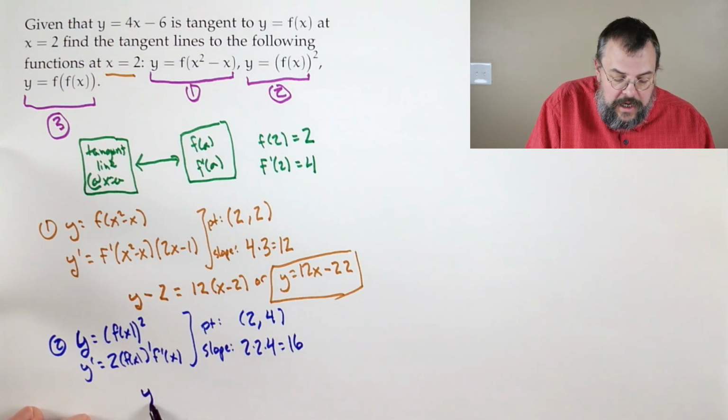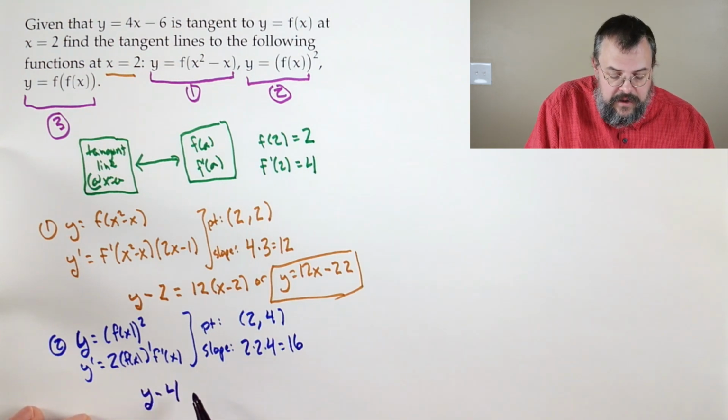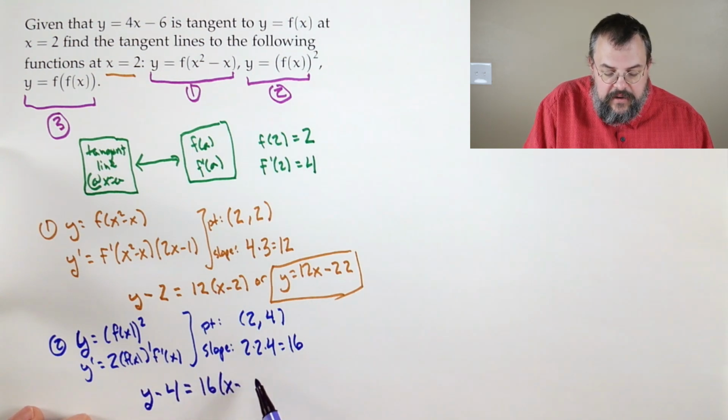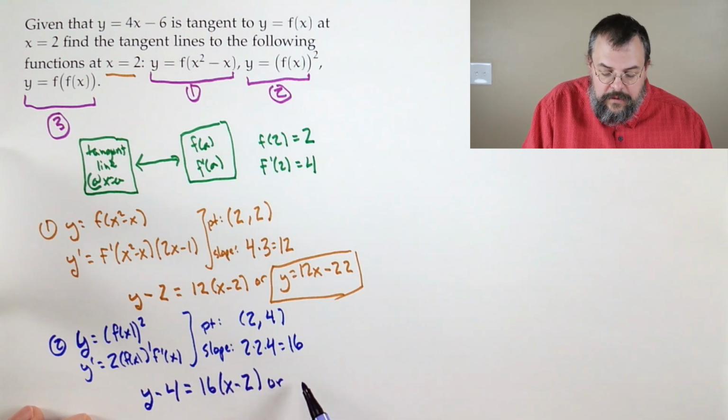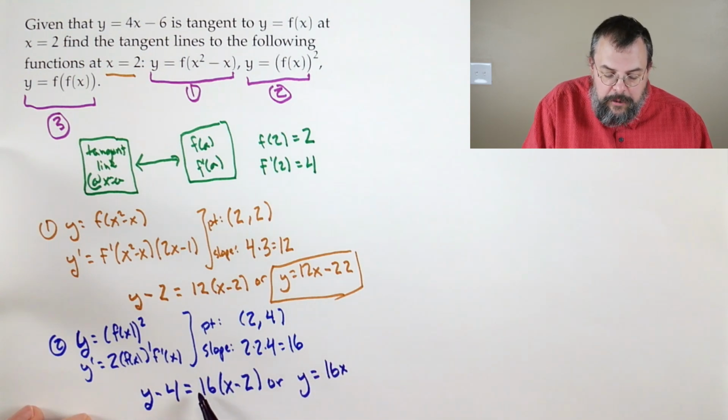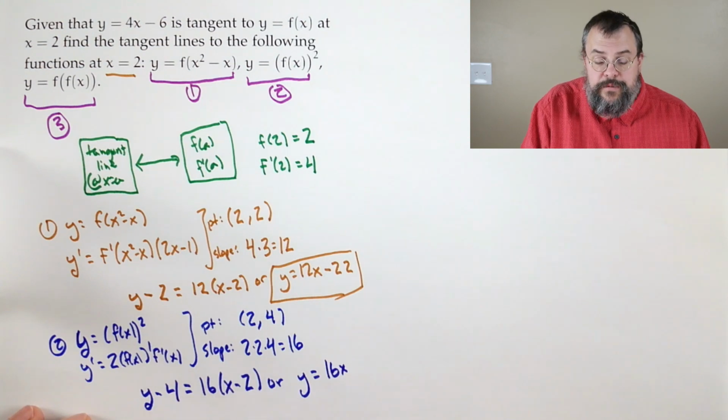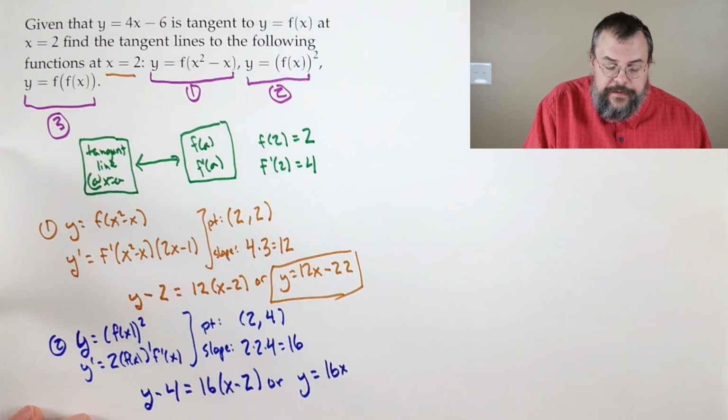So y minus our y value is equal to our slope times x minus our x value. Or we could say y equals 16x. Then we're going to get minus 32, 16 times 2 is 32, add 4.